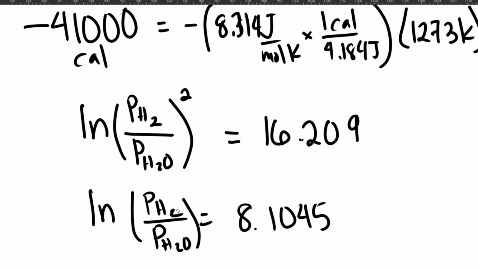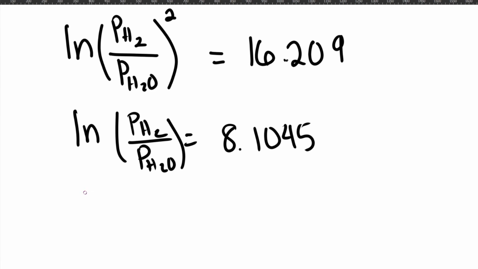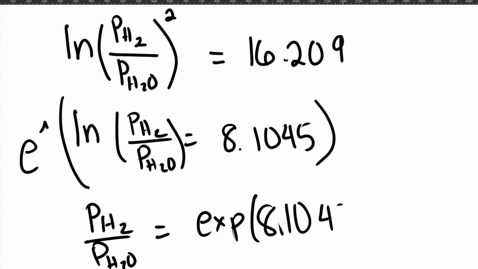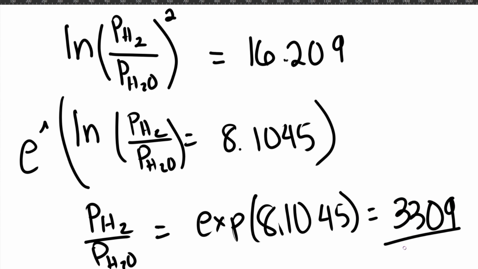And since we need yung ratio natin, H2 over H2O, we get just e raised to yung buo. We have pH2 over pH2O is equal to exponential of 8.1045, which is 3,309. So yan yung magiging equilibrium ratio ni H2 and H2O.